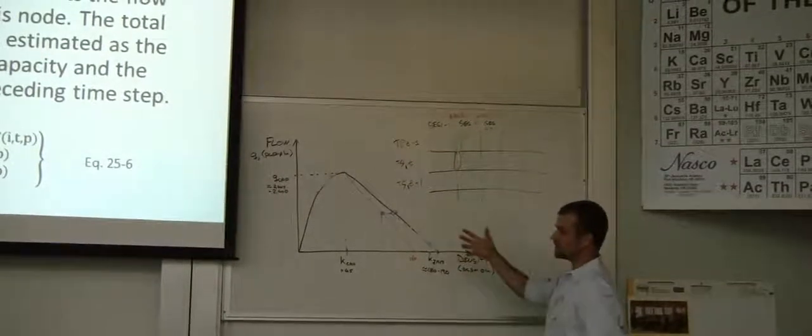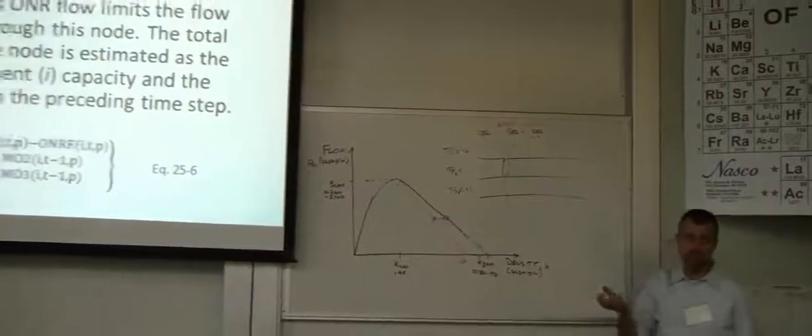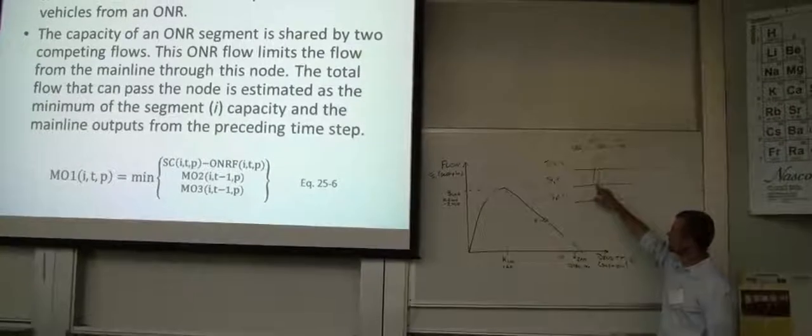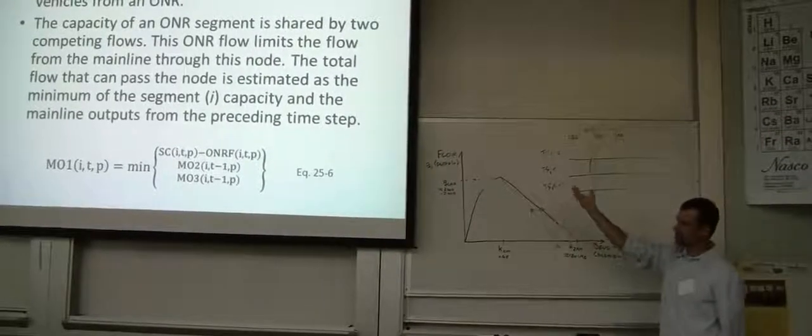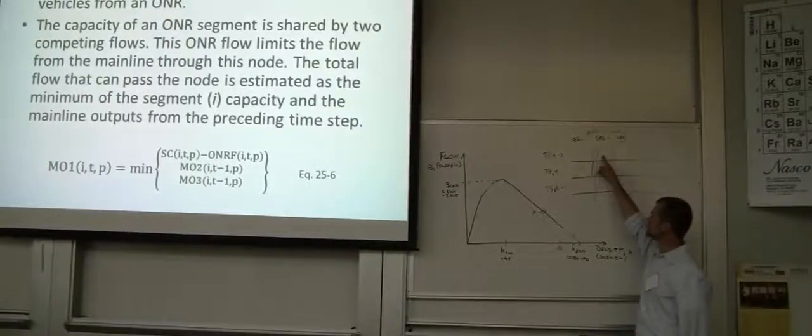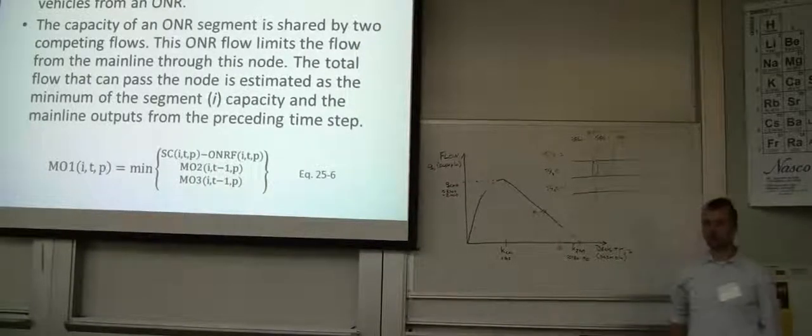And so we just basically have to check that every time. So for the MO1, we can't process more traffic across this red node than the minimum of those three: the capacity minus the flow, the previously queued vehicle, or any front clearing queue impacts.